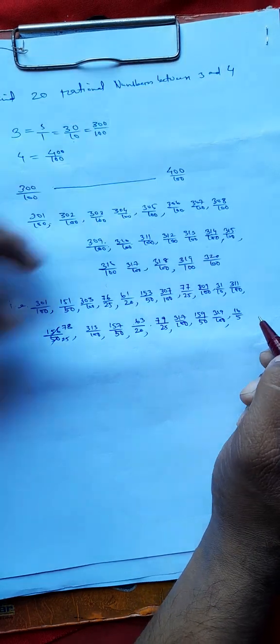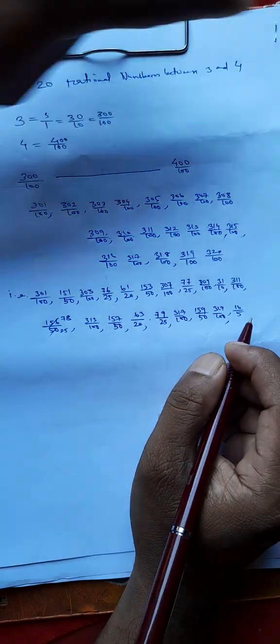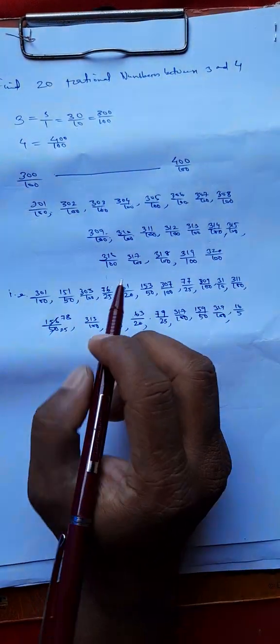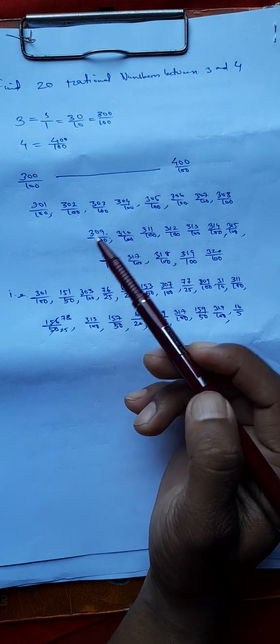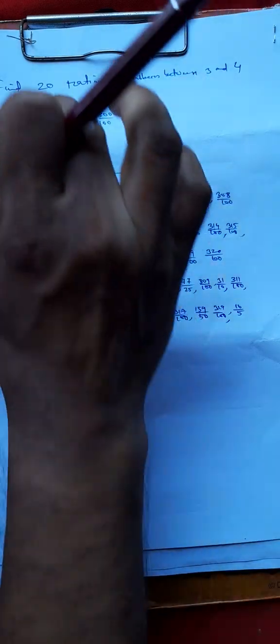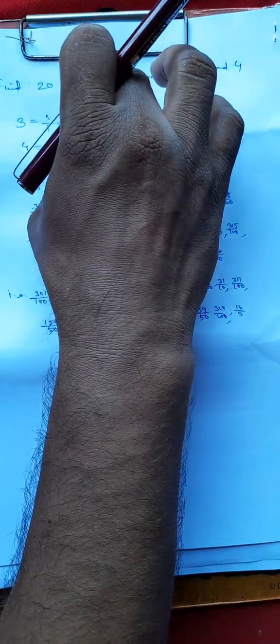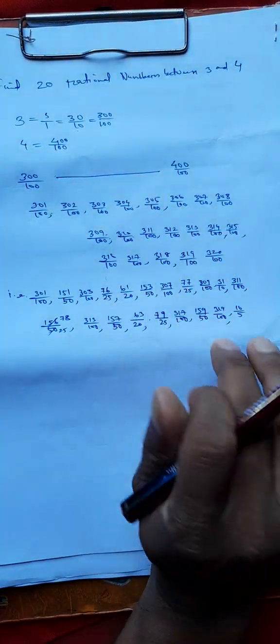Right. So we've got 20 rational numbers in between 3 and 4. This is the answer. Even if you want to find more than 20 numbers, say 50 numbers, you can convert them into fractions to make it convenient to find more numbers in between 3 and 4.